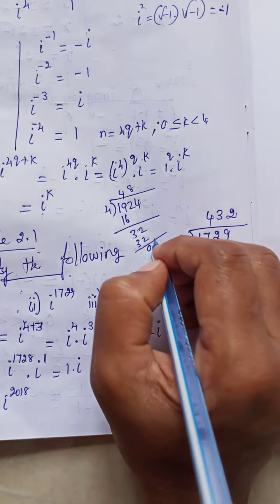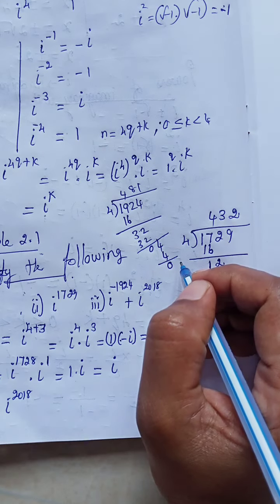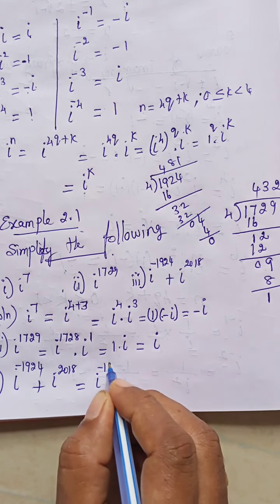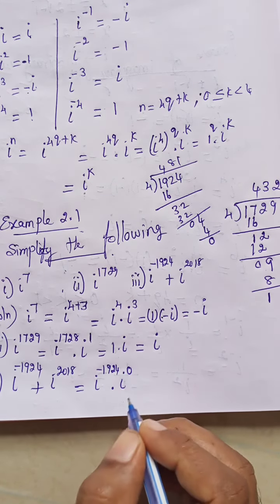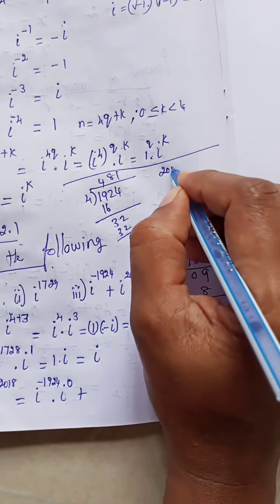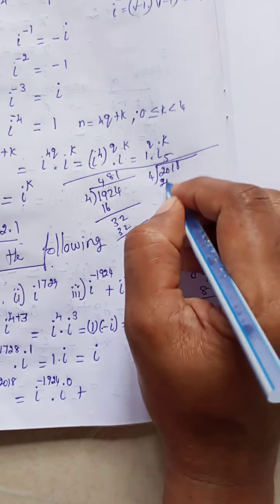No remainder. The next number is 4. 1 four is 4. Here the remainder is 0. So here when we write, that is i^(-1924) into i^0, plus i^2018. 4. 5 fours are 20.